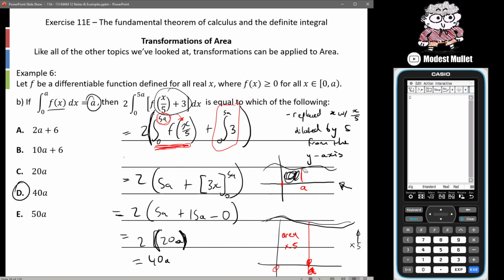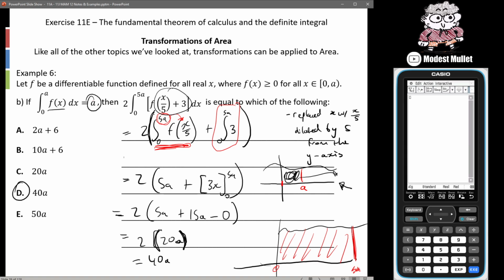What happens if I completely drew that wrong? Oh my god, I've just realized. That makes much more sense. I was trying to explain 5a. My apologies. We're dilating by 5 from the y-axis. We've stretched this area out by 5. Okay, so my area is increased by 5, and I'm now at 5a.